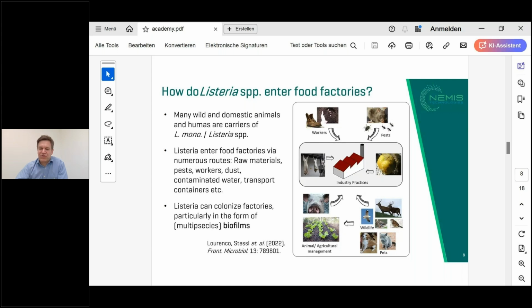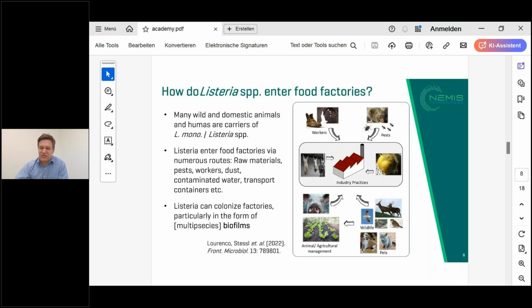Then it can be brought in with the shoes, with the workers, with pests, insects, mice, with the raw product, the raw meat, the slaughtered animals, just on the surfaces of fruits, of vegetables, fecal contamination. So there are thousands of different possible routes by which it can come in. It can also be on the outside of transport containers, be on the dust, and so on.